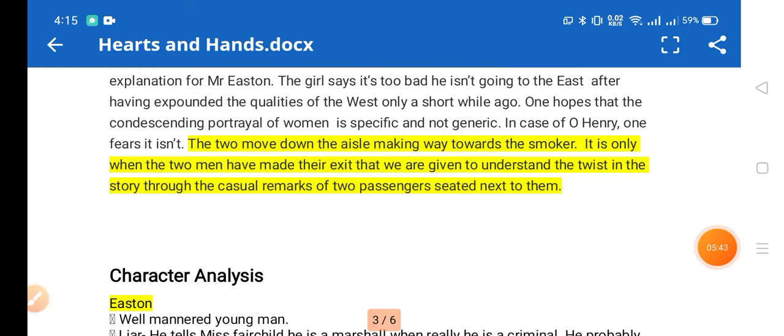So after Mr. Easton and Marshall have gone, there were two passengers who were sitting beside them, and one of them is a clever person, and he recognized that they told a lie, because he observed that the marshals didn't handcuff their prisoners to their right hand, so he recognized by this act that he was telling a lie.